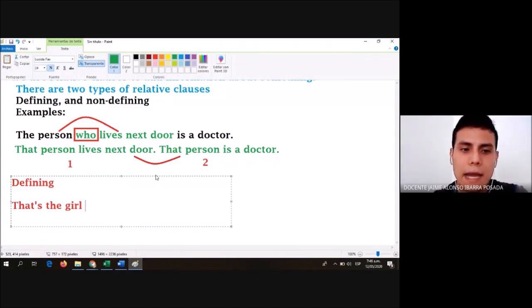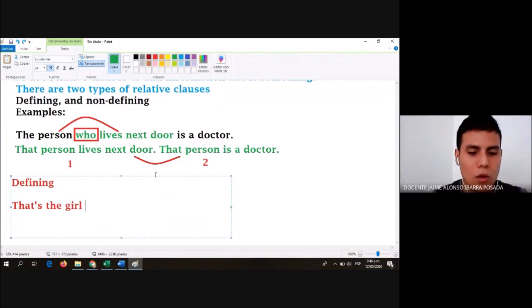If we don't have any type of context, that wouldn't make much sense, because in that scenario, we don't have information to identify what girl it is. You just say, that's the girl. That's the girl. What? Who sells candies?